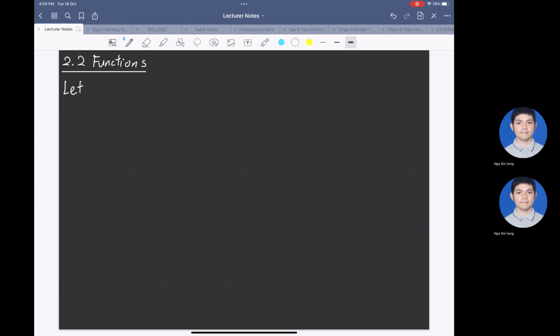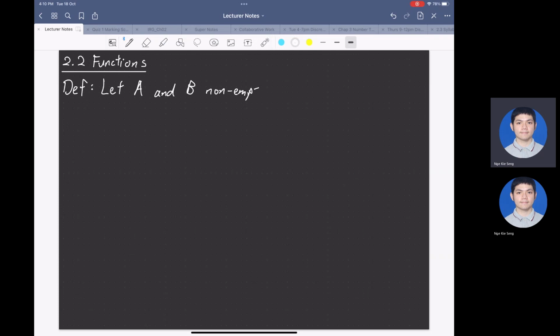In that case, we need to start with two non-empty sets. So what is a function?